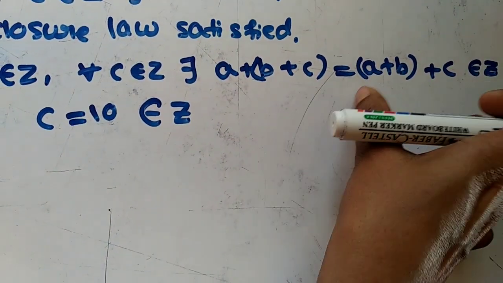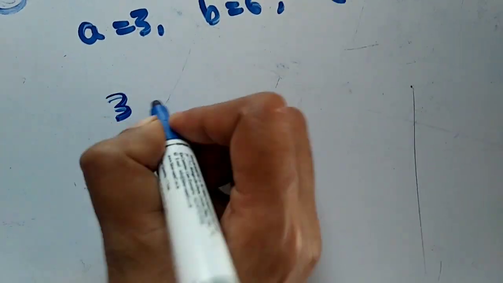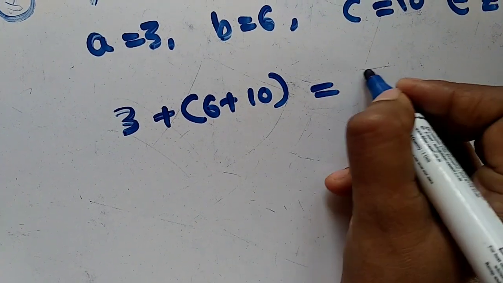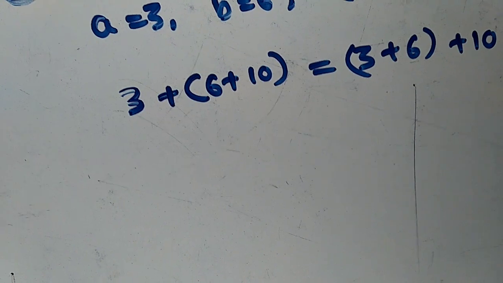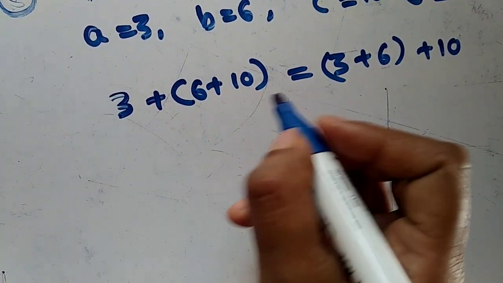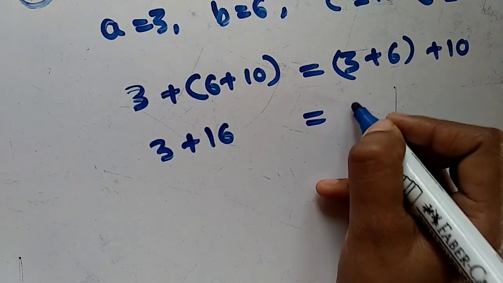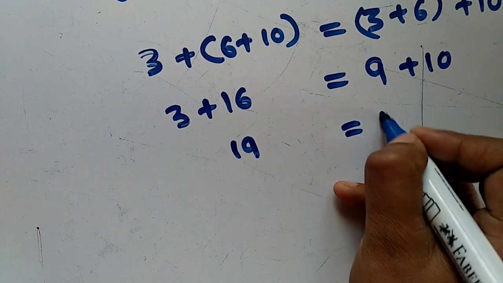A plus B plus C is equal to A plus B plus C. Okay, so 3 plus 6 plus 10 is equal to 3 plus 6 plus 10. Check it. What will you get? 3 plus 6 is 9, plus 10, is equal to 9 plus 10, which is 19, which is also 19.